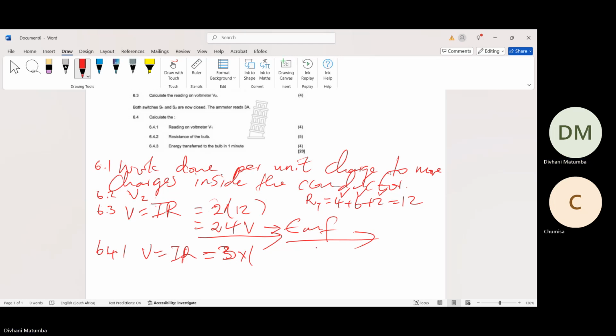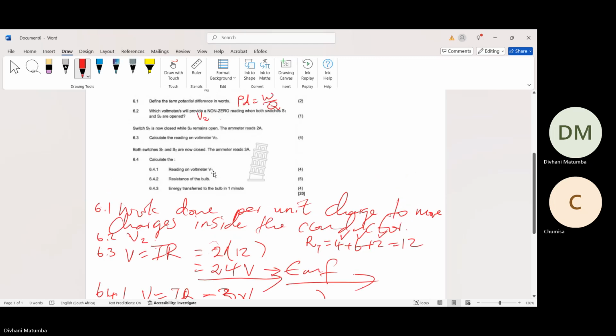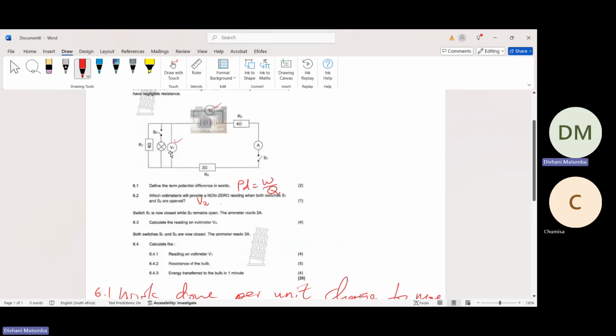times what will be the resistance? What will be the resistance that we're gonna use? What will be the resistance, Kumis?